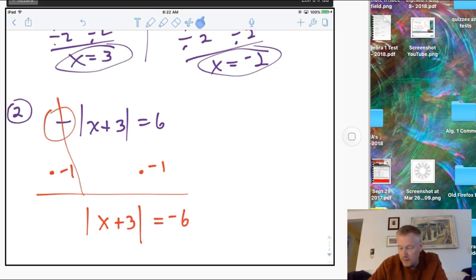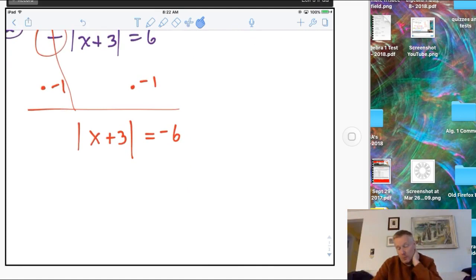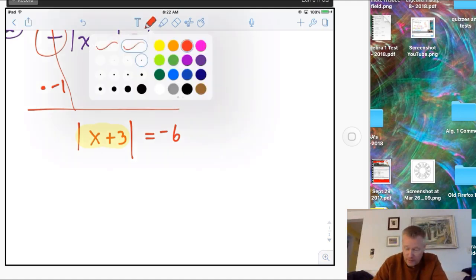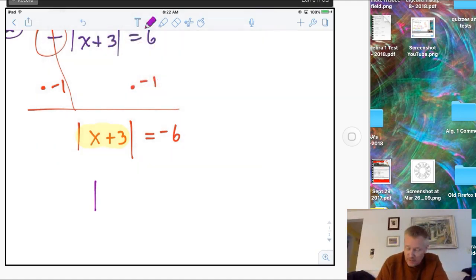equals -6, which brings up an interesting predicament, because I've got the absolute value of something, in this case x plus 3, equaling a negative number. Now, if we take a closer look at that, the absolute value of something in here, I'll just call it y, there's two things you'd think you'd fit in there for y, either 6 or -6, but neither one works.